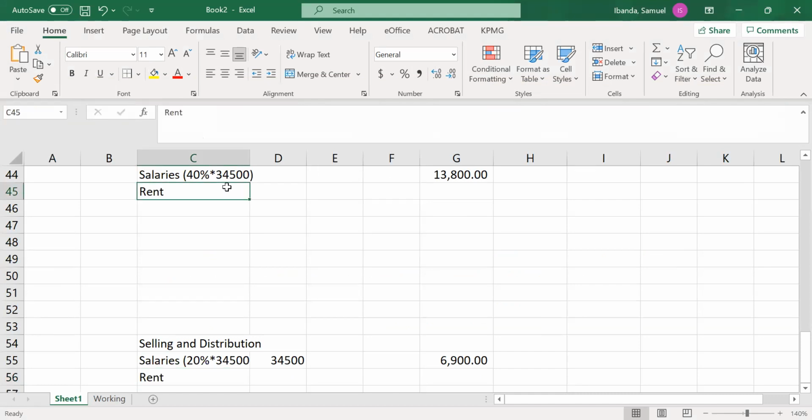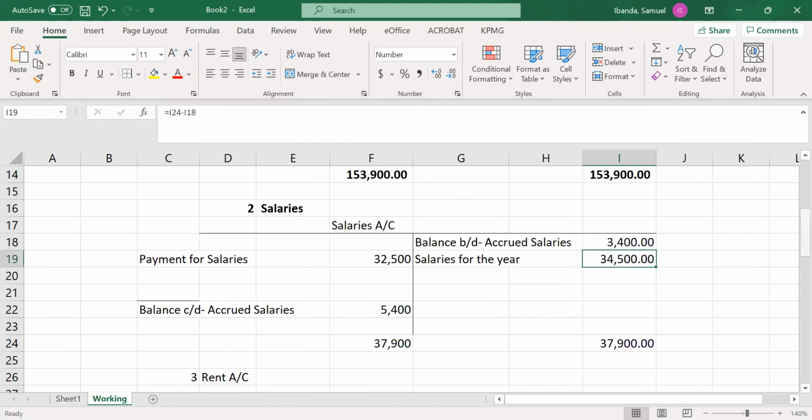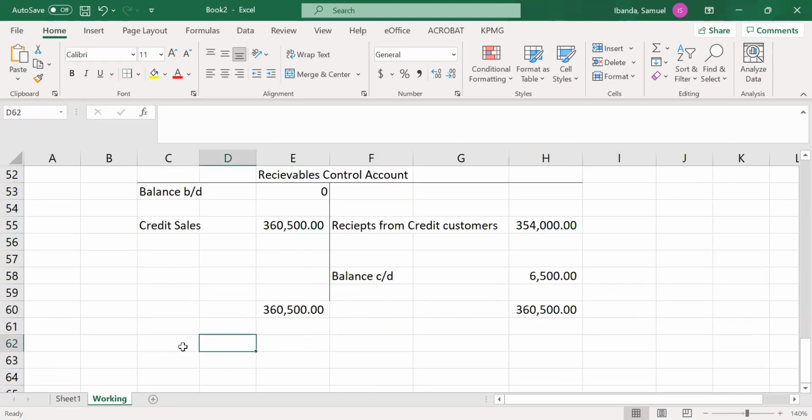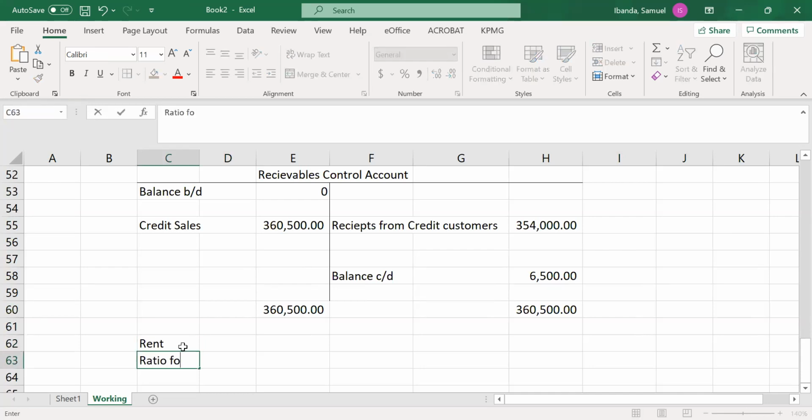But for here, since they have given me administration costs, I'm just going to calculate the ratio. Let me just calculate it here. Rent ratio for admin.